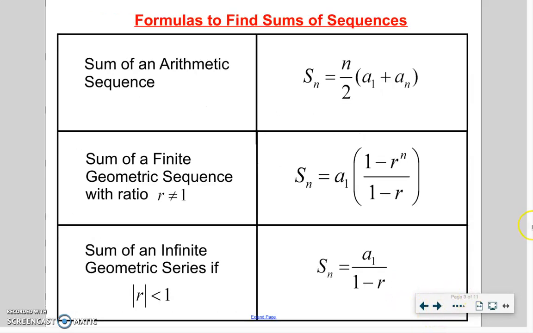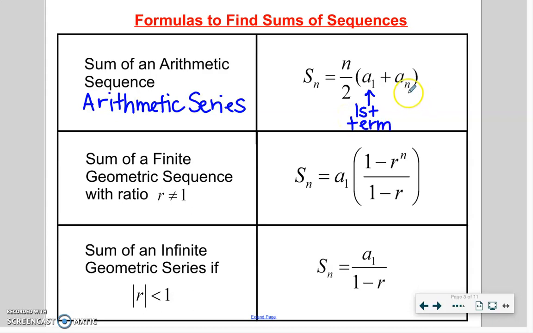Okay, so before we can begin, we do have some formulas that we're going to need to help us find these sums for an arithmetic series. Remember, that just means take all the terms in a pattern and add them up. So here's the formula. The first thing that you should note in the formula is that A1, we've seen that symbol before, that just means your first term.